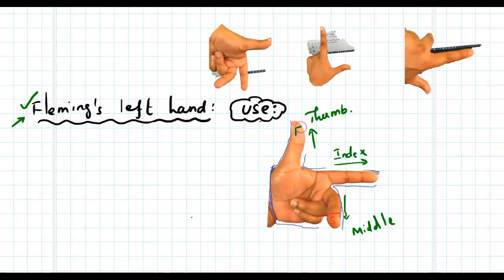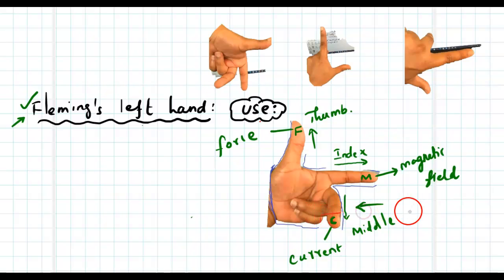This thumb is F, the index is M, and the middle is C. What does it mean? F denotes force, the direction of force acting onto the wire. M denotes magnetic field, the direction of the magnetic field. And C denotes current, the direction of current.